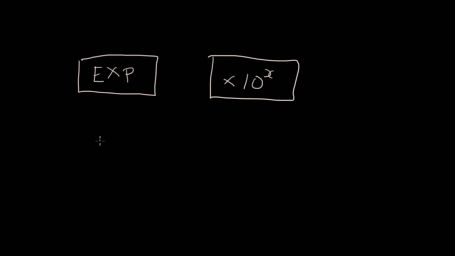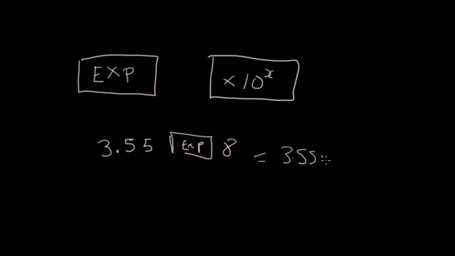So this is how you would put a number in standard form into your calculator. You could type in 3.55 EXP, and then whatever, say you wanted to raise it to the power 8, that would be same as 3.55 times 10 to the power 8, or if that button was times 10 to the power x.